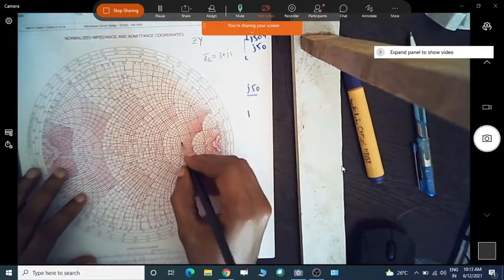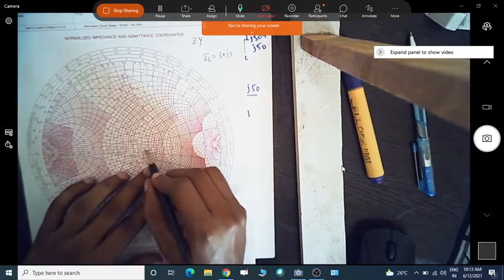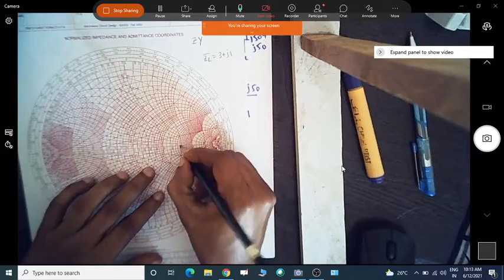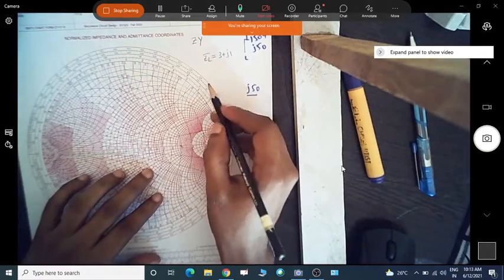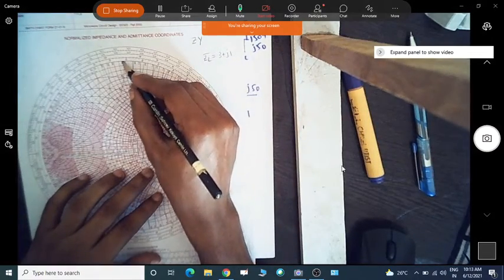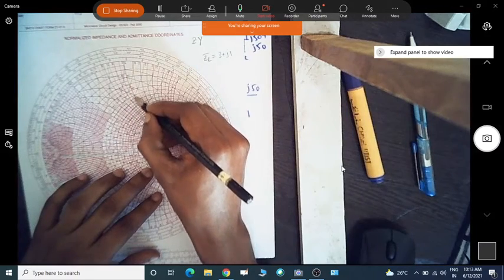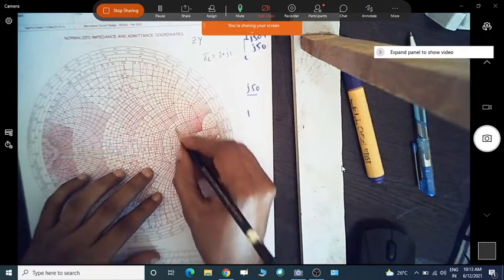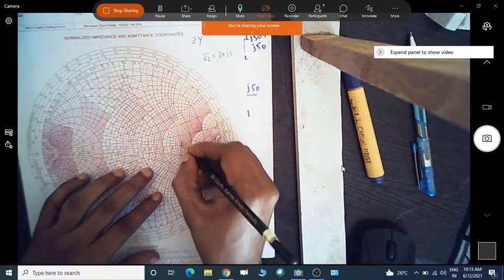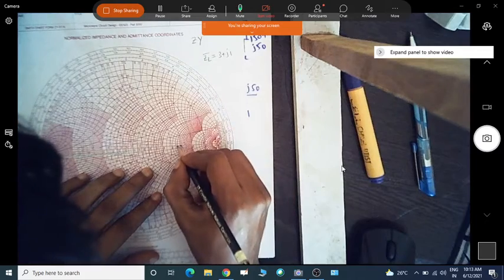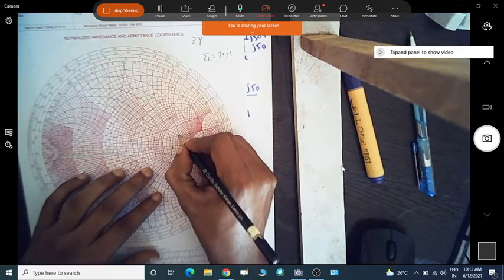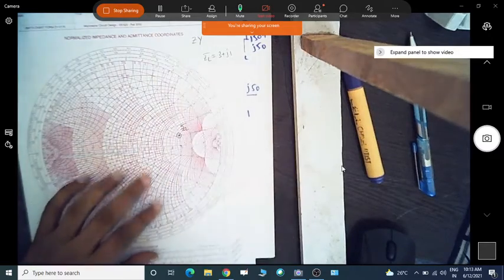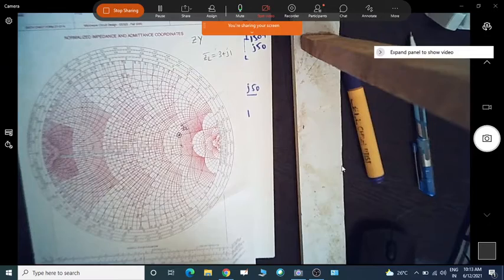Everybody try to do it. Here you can see this is 2 and this is 3. I am marking 3 plus j1. Here you can see the j1 circle, and where it meets the 3, this is the point where we have the normalized ZL value.